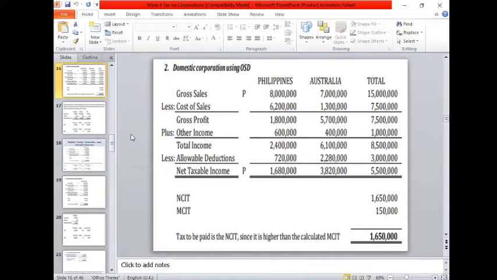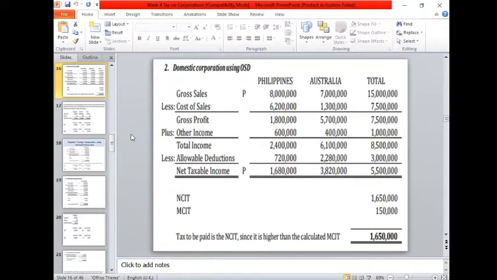The total less the cost of sales gives a gross profit of 7.5 million. Then add other income and less allowable deduction, which is 40% of 1.8 million, that is 720,000, and 40% of 5.7 million in Australia, 2,280,000. Therefore, the total allowable deduction is 3 million using the optional standard deduction.